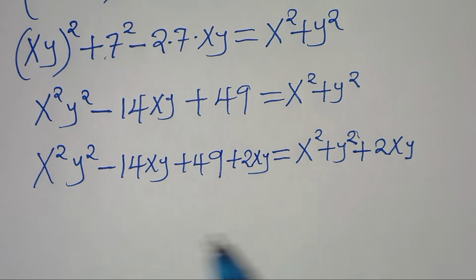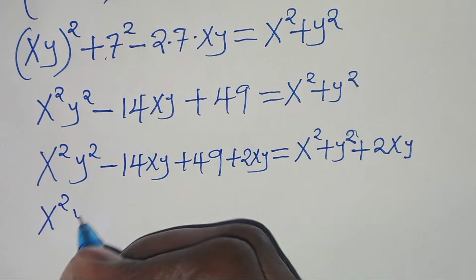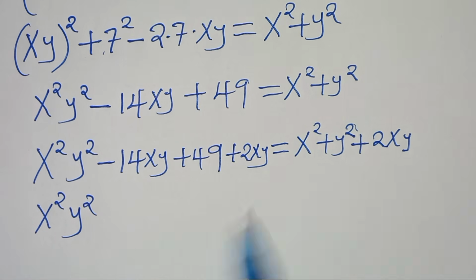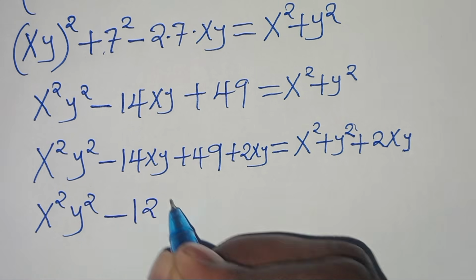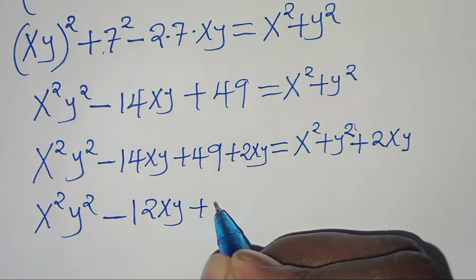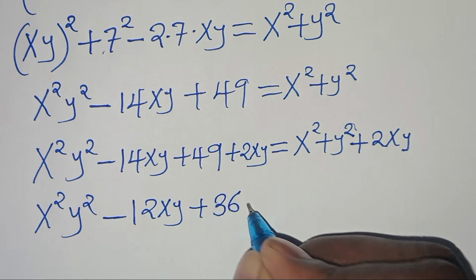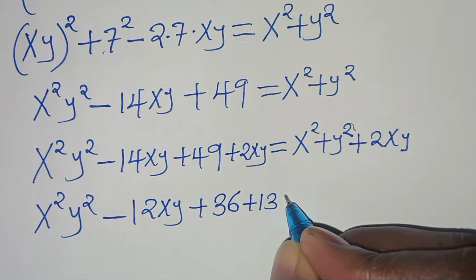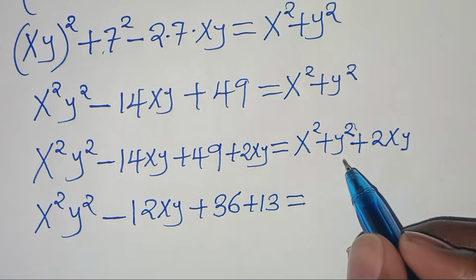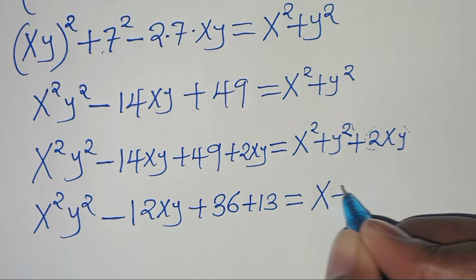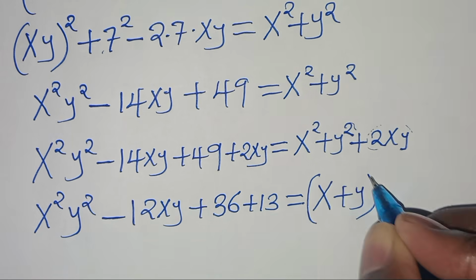Now we have x^2 y^2 - 14xy + 2xy, which is minus 12xy, then plus 49. 49 is the same thing as 36 plus 13. Then this is equal to x^2 + y^2 + 2xy, which is the same thing as (x + y)^2.